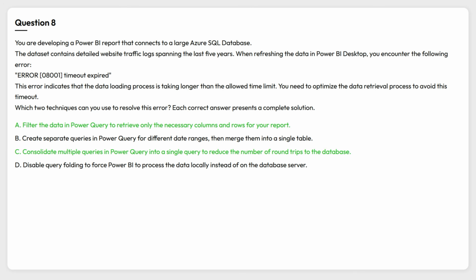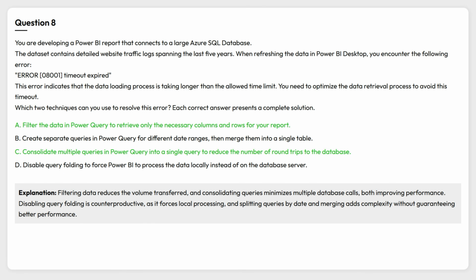The correct answers are option A. Filter the data in Power Query to retrieve only the necessary columns and rows for your report. Option C. Consolidate multiple queries in Power Query into a single query to reduce the number of round trips to the database.